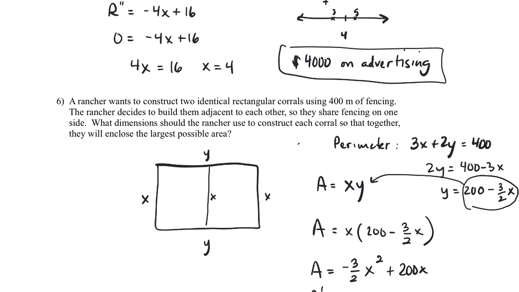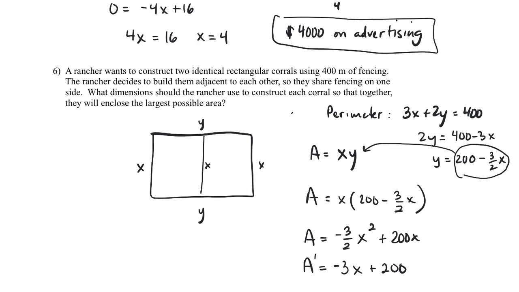Now if we take the derivative, 2 is going to drop down in front. It's going to cancel with that 2, leaving negative 3x plus 200. Now that's going to equal 0 when x equals 200 divided by 3.